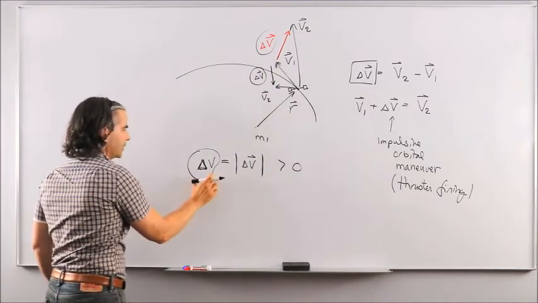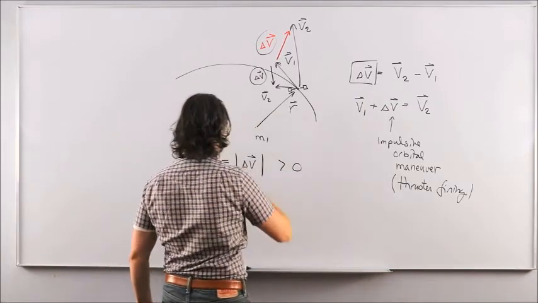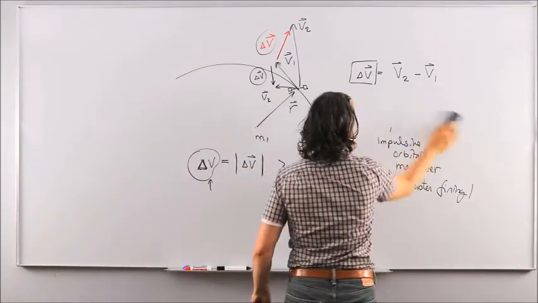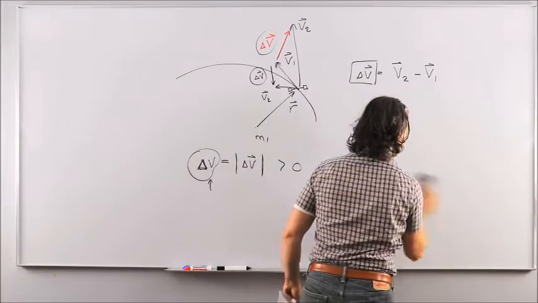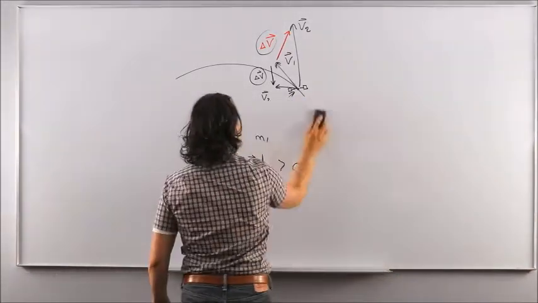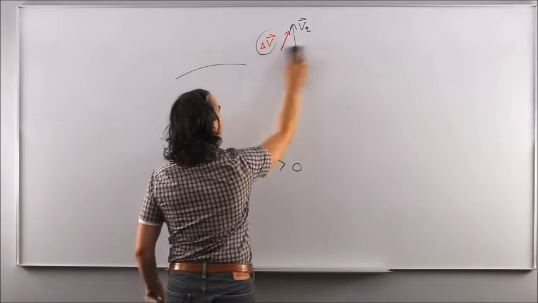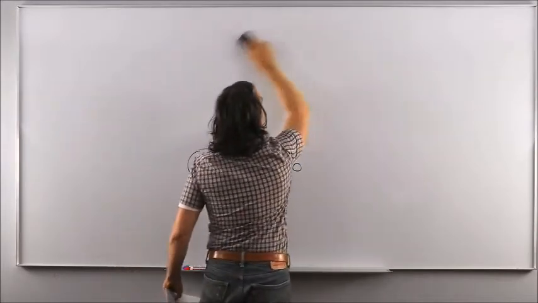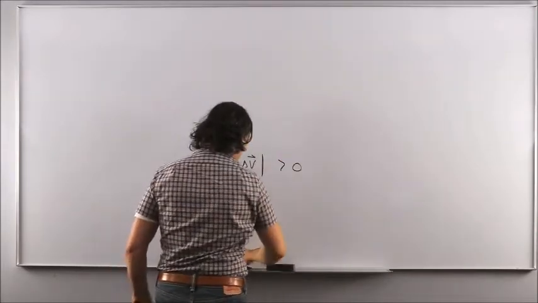And turns out that this parameter, delta V magnitude, that I shall refer to as just delta V from there on, is closely related to the amount of fuel needed to perform that specific orbital maneuver.